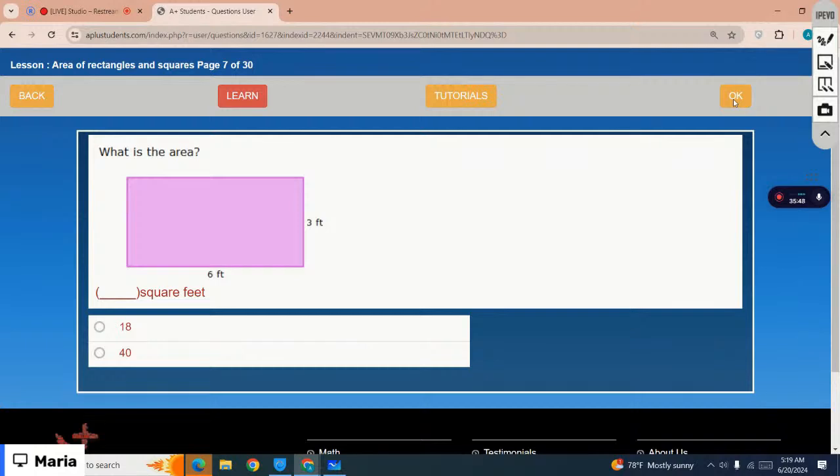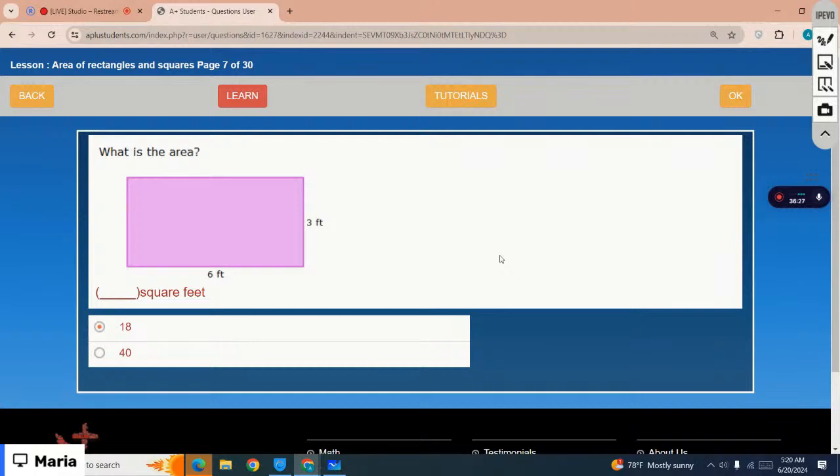What is the area? Which is the correct option? You have to do length times width.